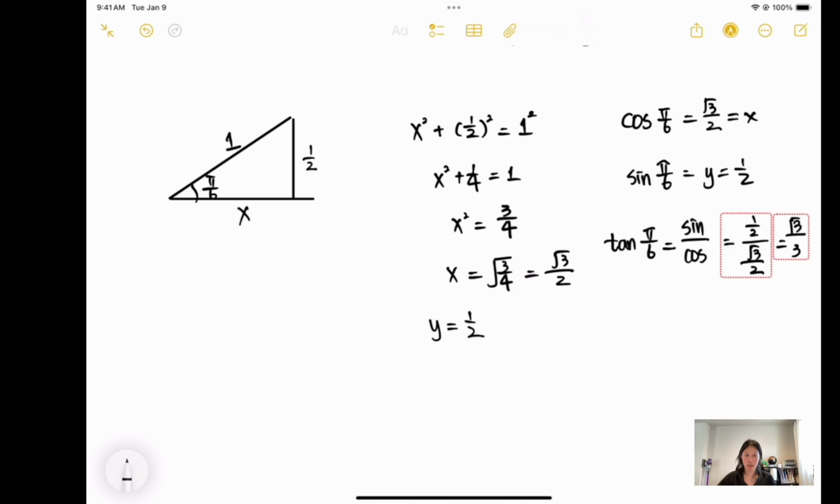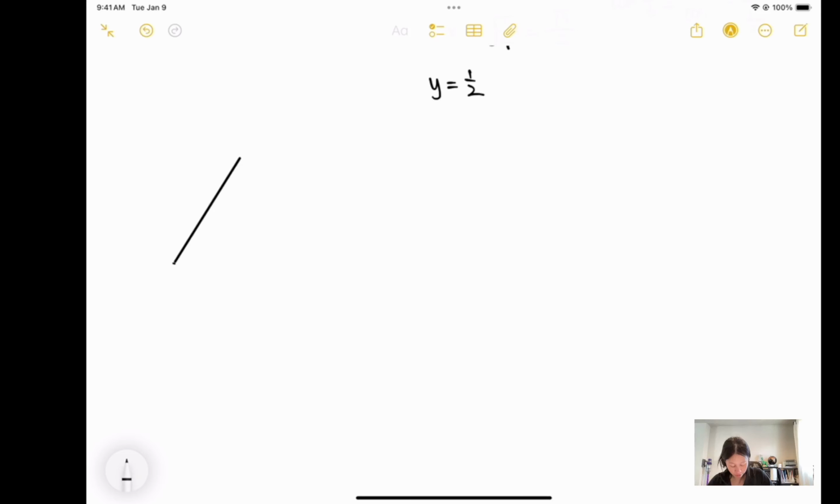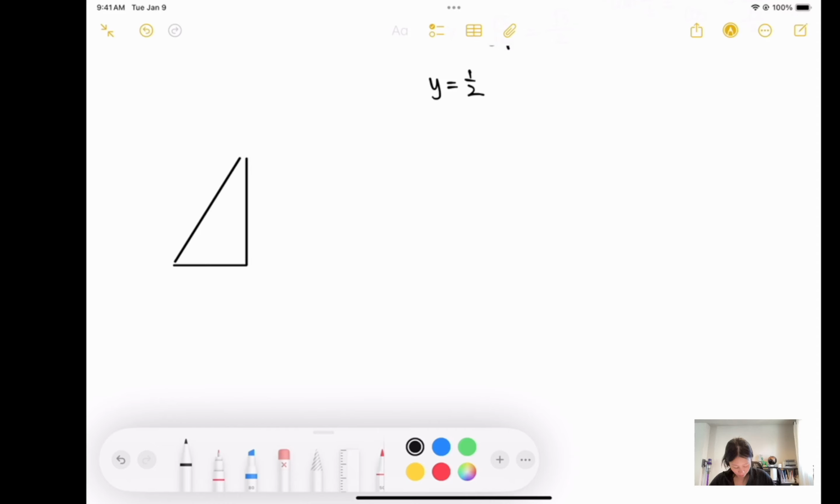Okay, next one is the 60-degree angle. Again, since this is in the unit circle, the hypotenuse will be 1. And this is pi over 3.